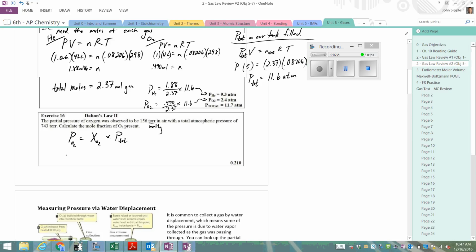We have 156 torr is equal to the mole fraction of O2 times our total pressure, 743 torr. When we work that out, our mole fraction of O2 is equal to 0.2099, which is 0.210.